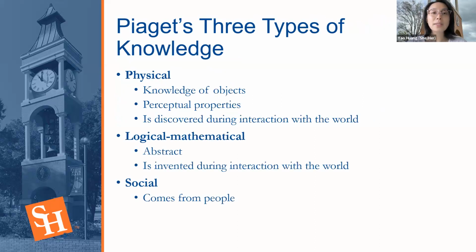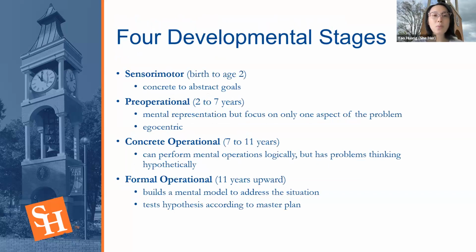So Piaget's three types of knowledge include physical, logical-mathematical, and social. If you have the chance, you can read more about his writing, but in this chapter let me just quickly note that there are three types of knowledge being covered. And the next one is the four development stages.